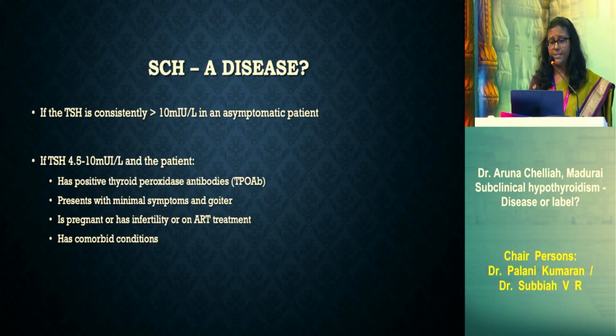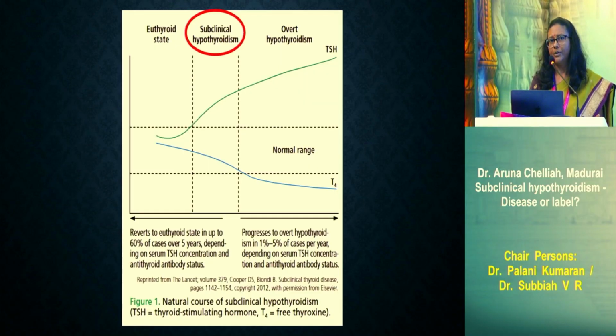If the patient has positive anti-TPO antibodies, that's significant. Also presence of minimal symptoms of goiter, pregnancy, infertility issues or treatment for infertility, or other comorbid conditions, especially cardiovascular comorbidities.